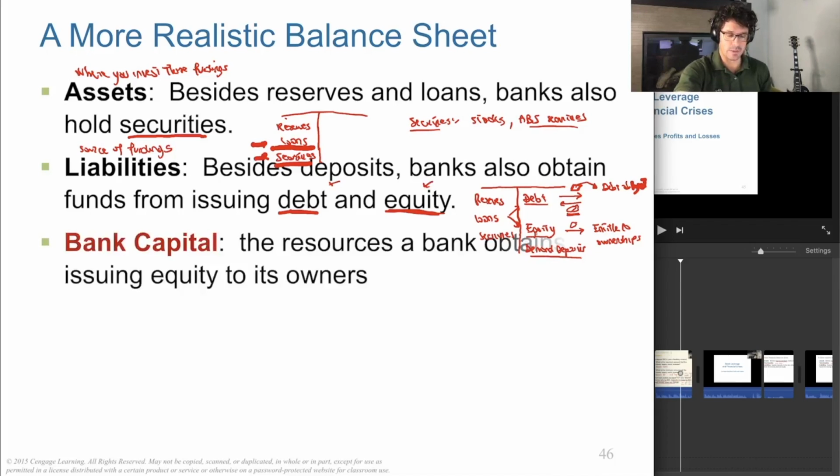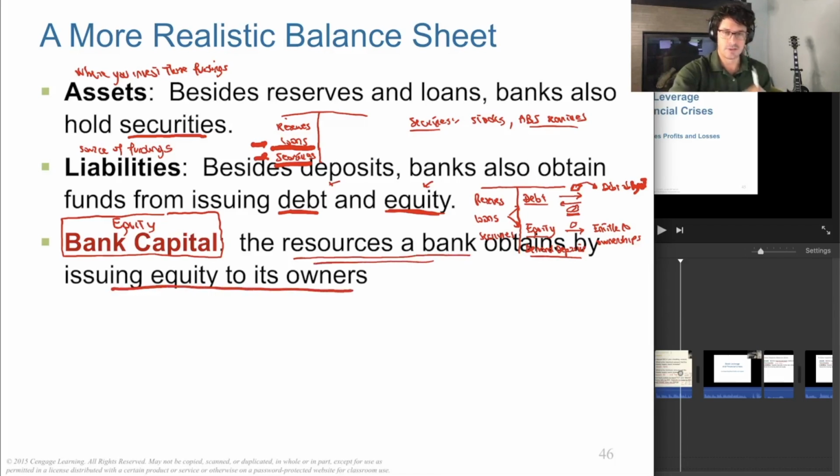Now, sometimes equity is also called bank capital. Equity or bank capital are just the resources of funding that a bank raises by issuing equity to its owners. So, if you want, it is the share of funding where investors take a stake, a risk, on this bank.